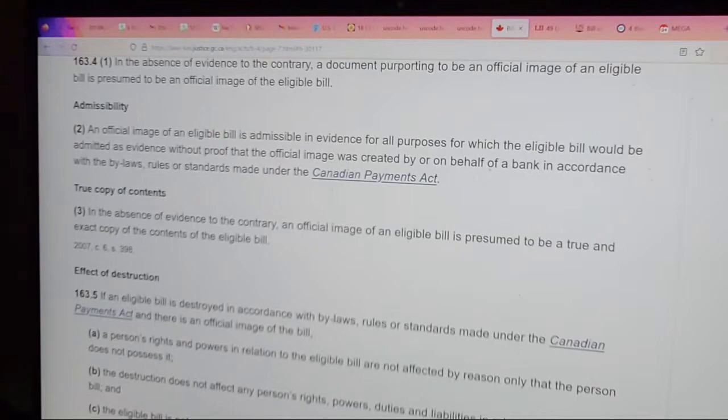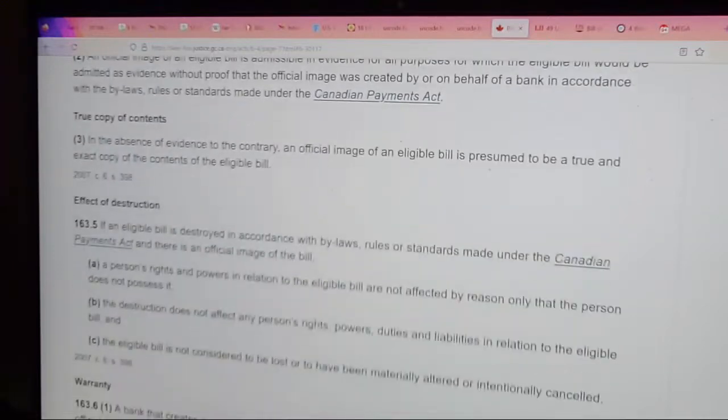An official image of an eligible bill is admissible in evidence for all purposes for which the eligible bill would be admitted as evidence without proof that the official image was created by or on behalf of a bank in accordance with the bylaws, rules, or standards made under the Canadian Payments Act. True copy of contents. In the absence of evidence to the contrary, an official image of an eligible bill is presumed to be a true and exact copy of the contents of the eligible bill.